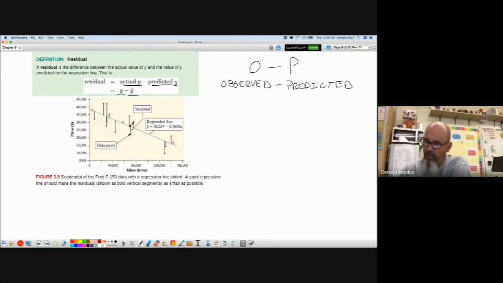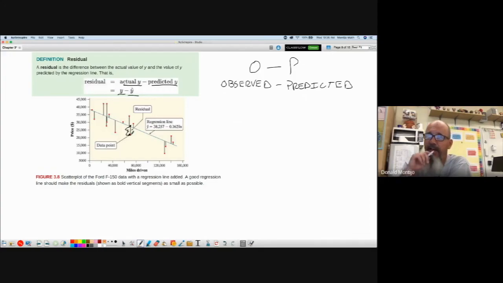So the residual is that leftover difference. The residual is the vertical distance from what we observe to what we predict, or what the actual value was to what the predicted value was. So a residual is just the difference between what our prediction line says is going to happen and what actually happened when we went out and gathered the data.